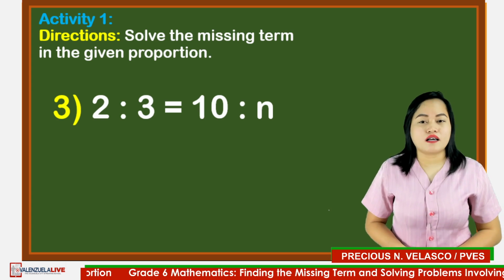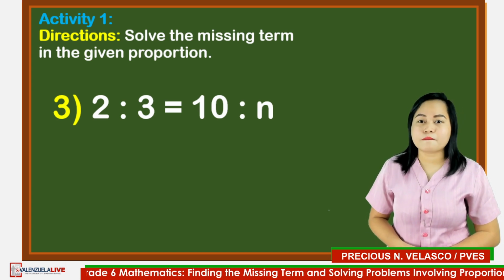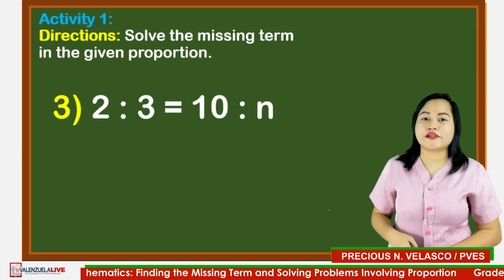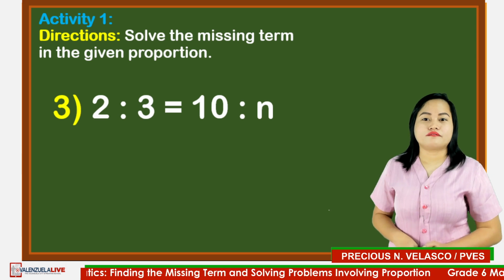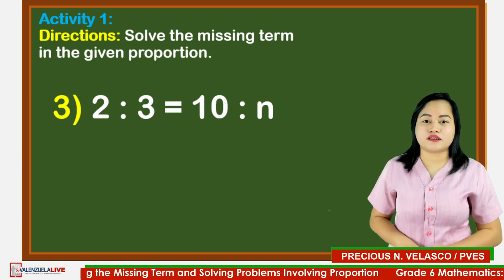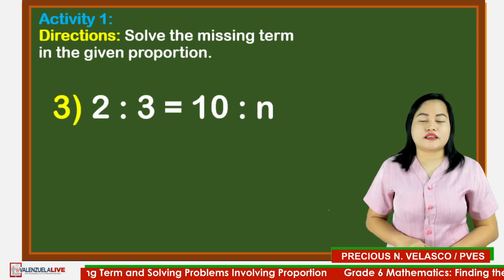Next one. Another easy equation. So we have 2 is to 3 is equivalent to 10 is to n. Comment your answers. Okay, so I can see that lots of you are putting your answers in the comment box. So let's continue.